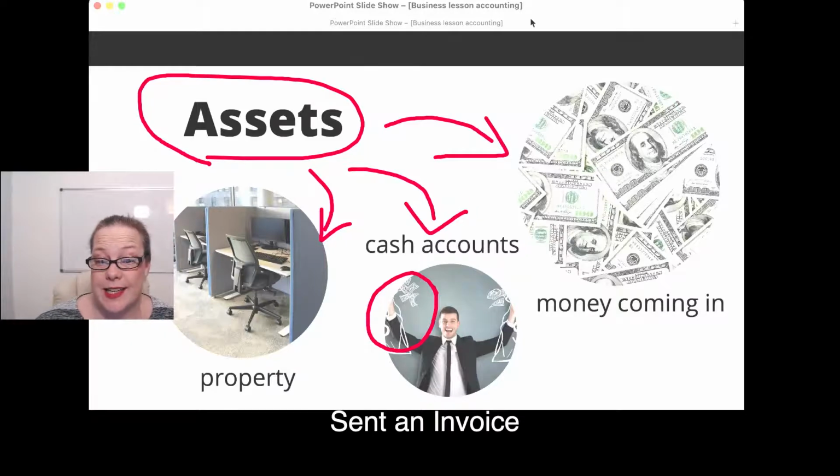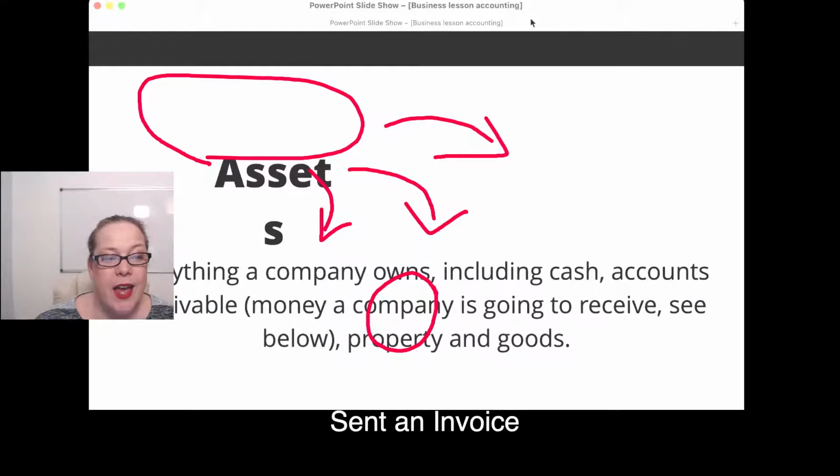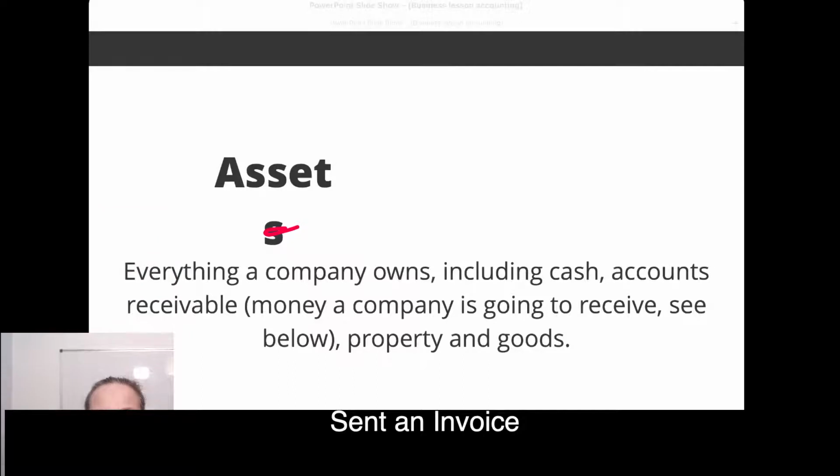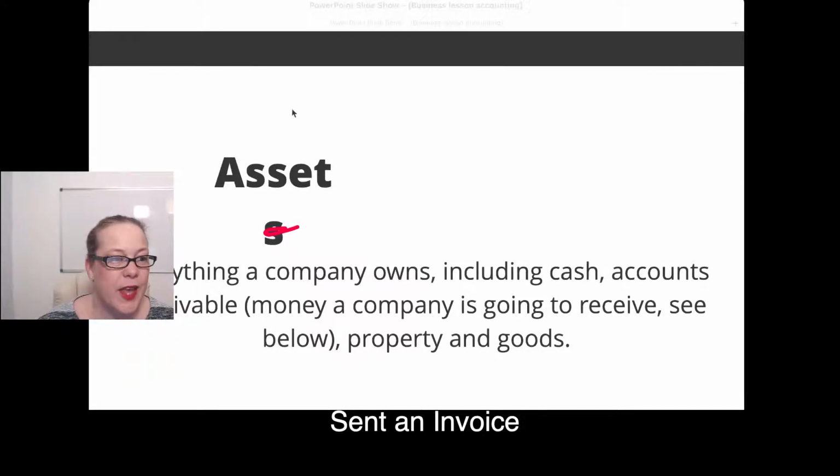We're going to look at this a little bit more. So assets, so financial documents are assets. So everything a company owns, including cash accounts, receivable money, and the money that a company is going to be receiving in, okay?